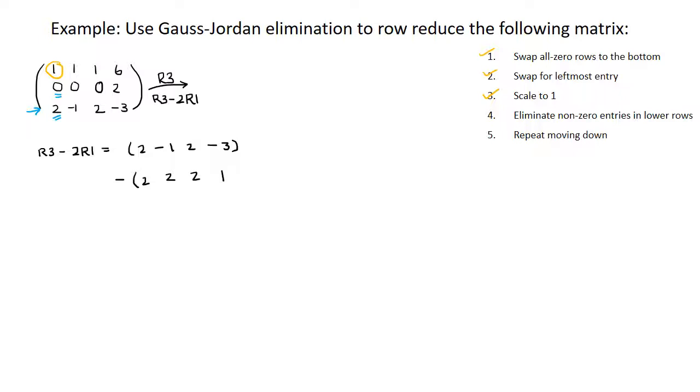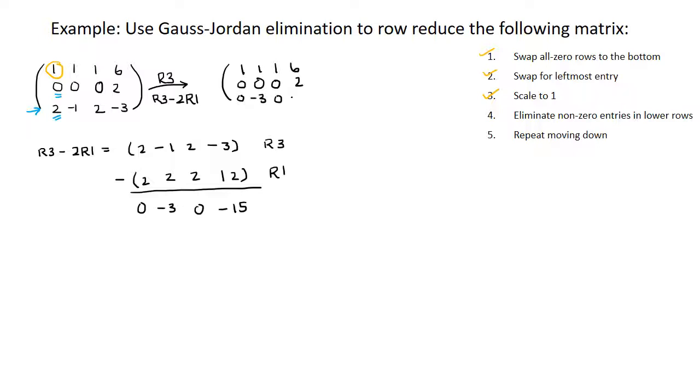Okay, so you can see I've just doubled all of the entries in row 1. And when we subtract, we get 0, negative 3, 0, negative 15. So our matrix now is 1, 1, 1, 6, 0, 0, 0, 2, 0, negative 3, 0, negative 15.